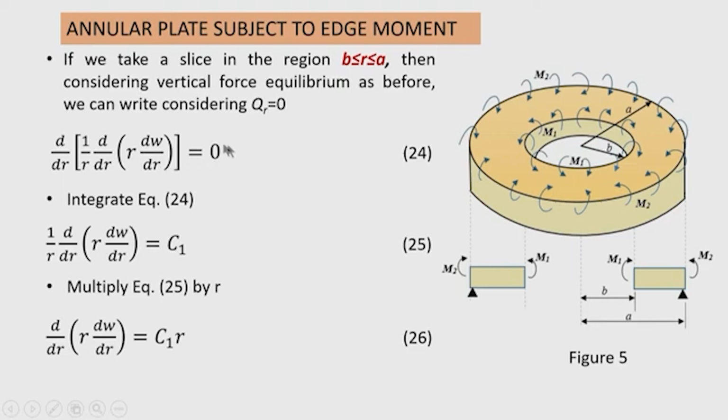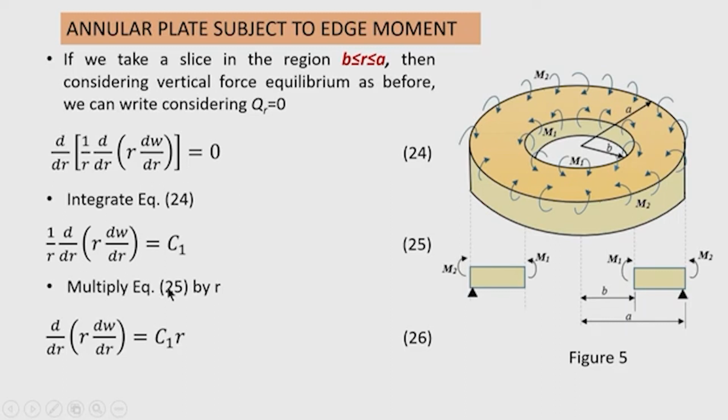Now, integrate this equation. After integration, we get the quantity inside the bracket: 1 by r d by dr of (r dw by dr) equal to C1. Because this is 0, after integration a constant term will appear.